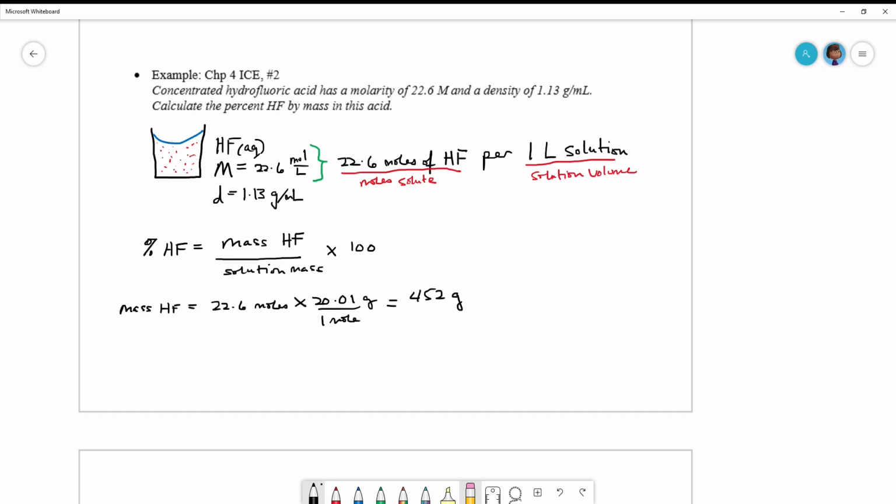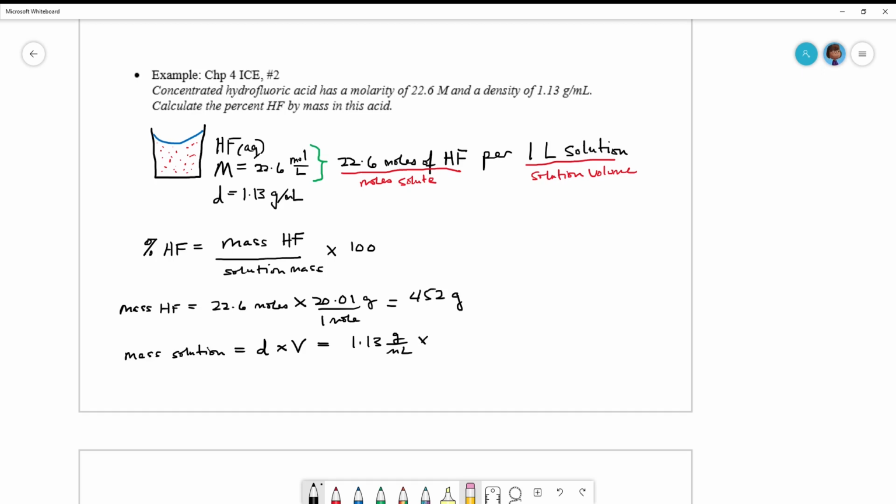And if I want to get the solution mass, well, guess what? I'm going to have to use the solution volume and the solution density. So I know that the mass of the whole solution is going to be equal to the density of the solution multiplied by its volume. Or the density of the solution, 1.13 grams per milliliter times... Now, let's be careful.